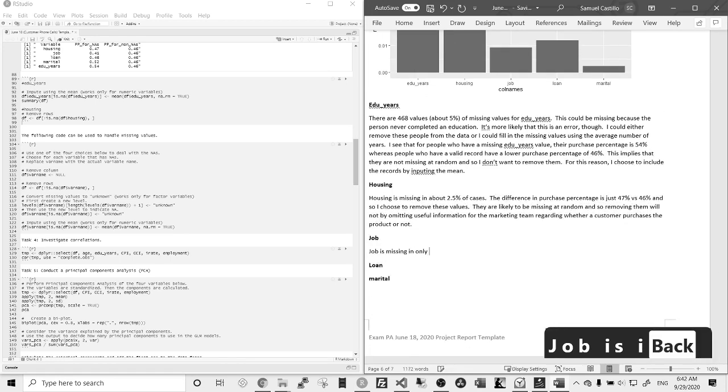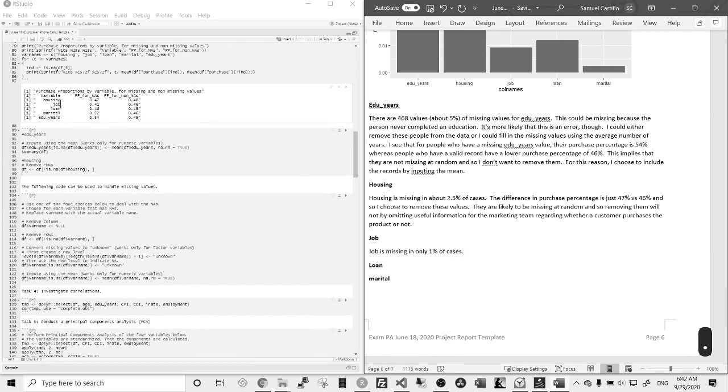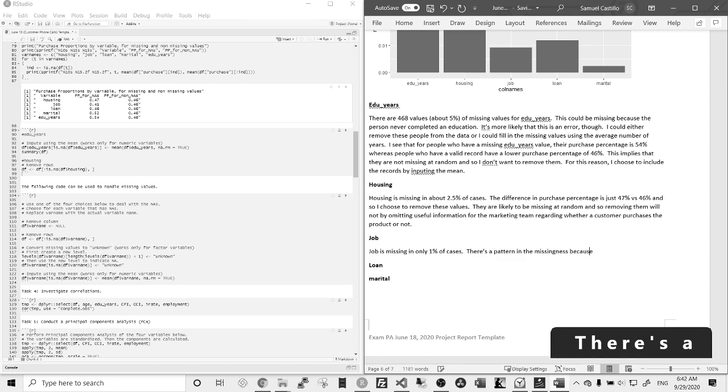In only 1% of cases, and consider the purchase percentage, 41% versus 46%. There's a pattern in the missingness because the purchase percent for those with missing job field is 41% versus 46% for those who have valid records.